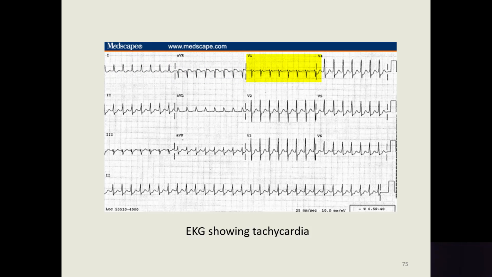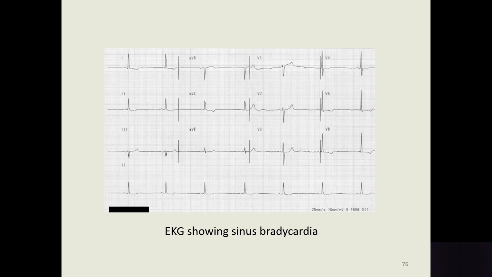And the row across the bottom is giving us 6 seconds of one lead to give us a longer reading of just one view. This is showing us sinus bradycardia, and you can see how far apart the waveforms are. So this is a much slower heartbeat.